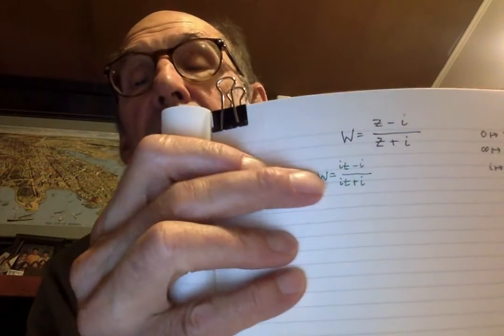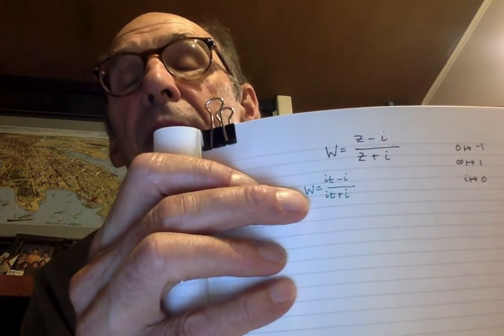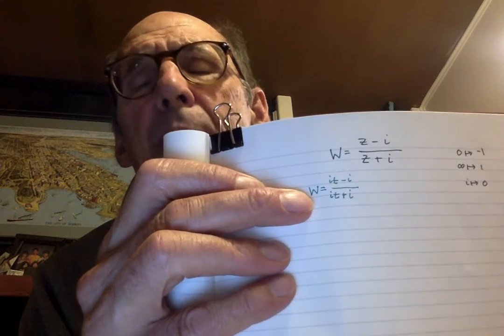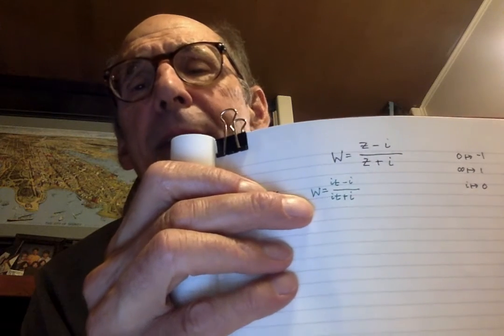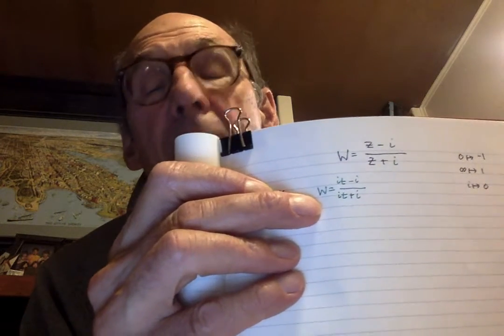On the y-axis, let's let the parameter be t, so the coordinates are it. So what the function does is it takes you to this thing here. It's still a fraction. Top is it minus i, bottom is it plus i. Oh, there's a common factor of i, so this is a real number.